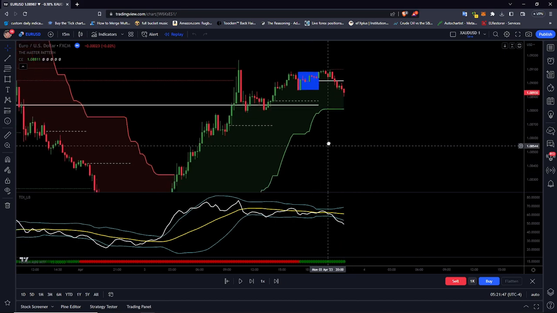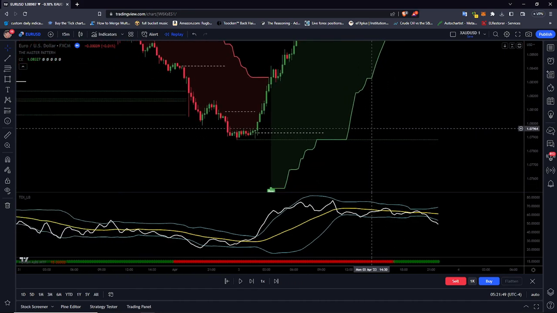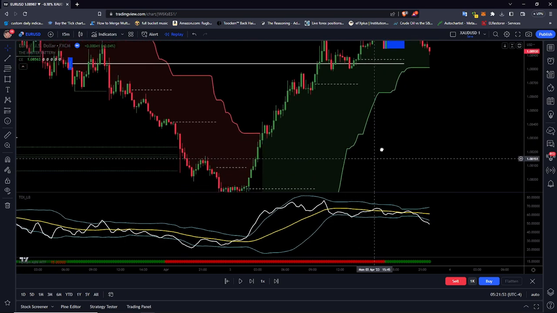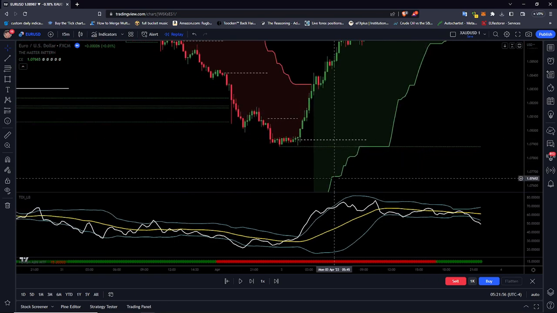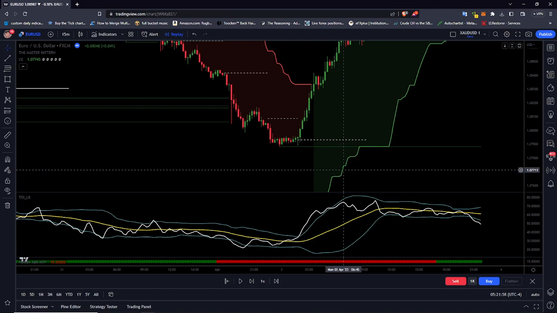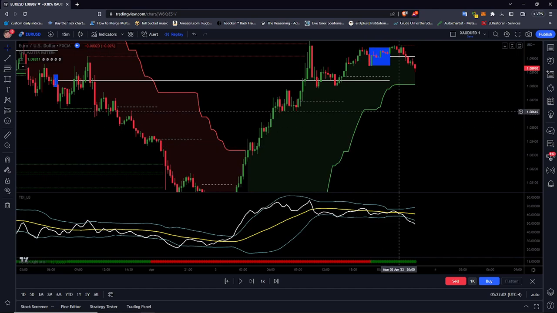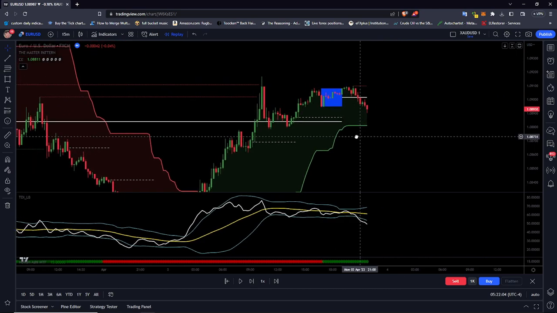So you remember what I said, that when we are in the buy zone, this indicator either goes to the right or up, and price should respect that level, right?